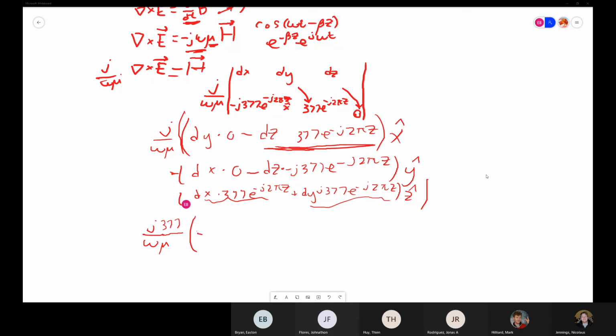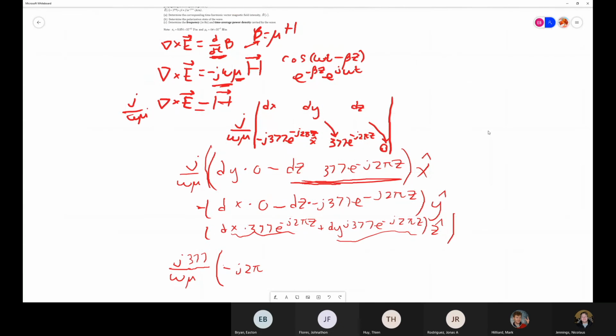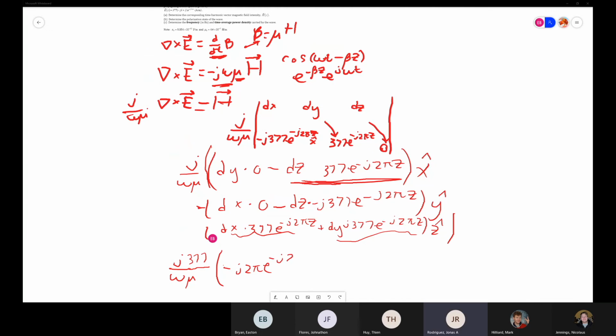So you're left with negative j 2 pi times e to the negative j 2 pi z for the top. And that becomes positive because of this negative sign.